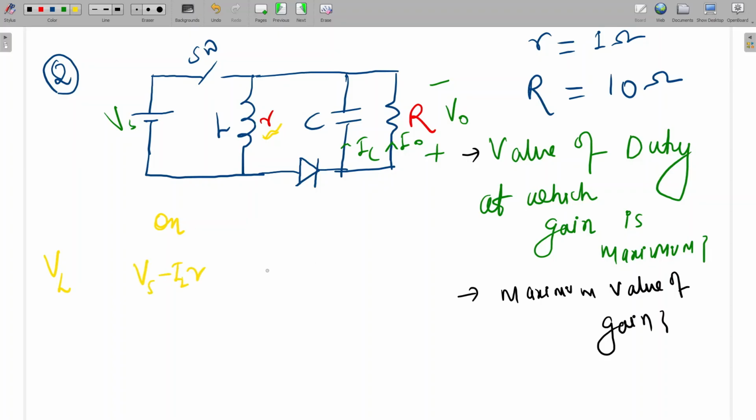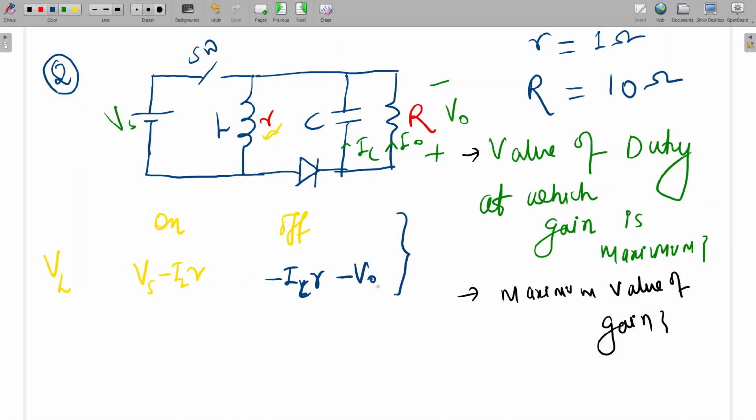For off time, the switch will be off so it will conduct like this, and it will be minus IL r minus V naught.